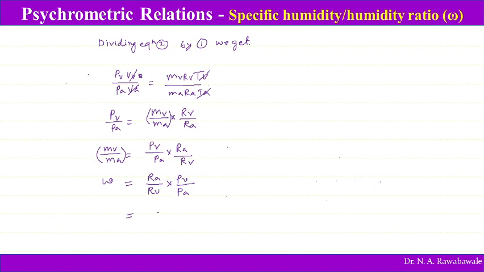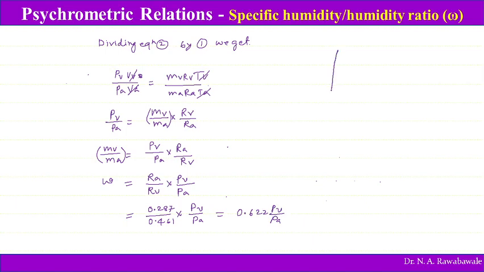But now we know RA, gas constant for air, is 0.287 kilojoules per kg Kelvin, and RV, gas constant for water vapor, is 0.461 kilojoules per kg Kelvin. On simplification, this term becomes 0.622 PV divided by PA.